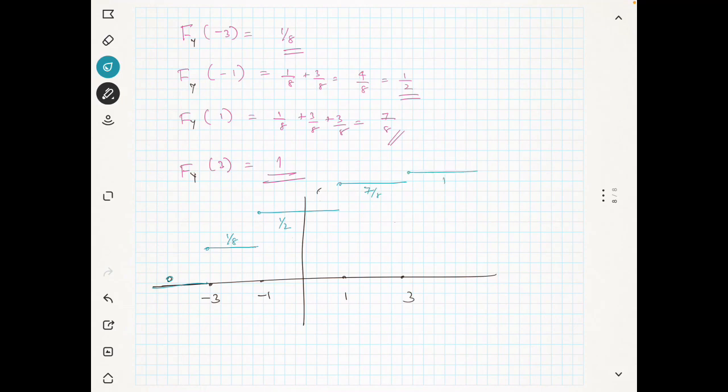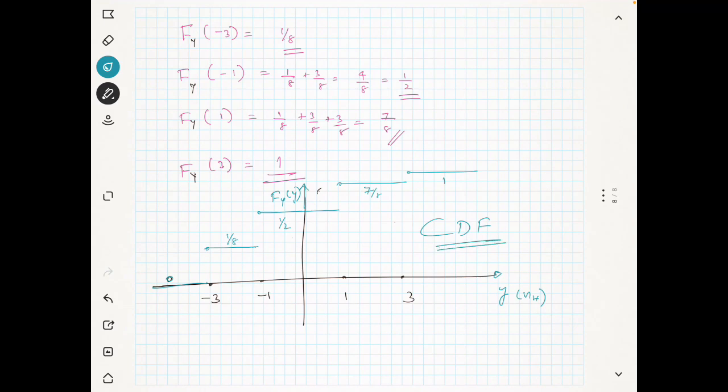So this is our F_Y of y, which is a function of nh. This is the cumulative distribution function for our random variable. I hope this is clear to you.